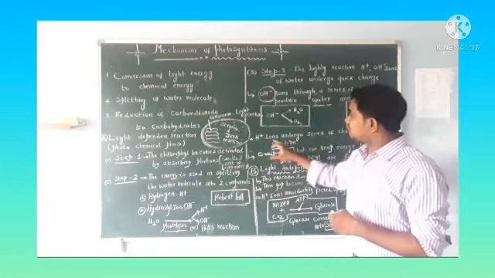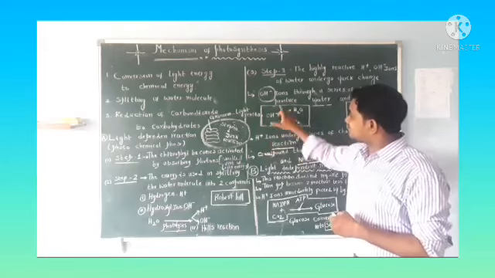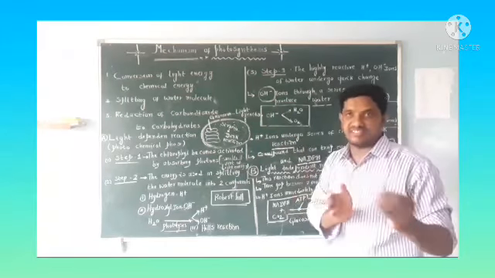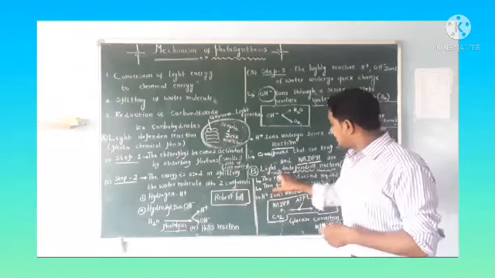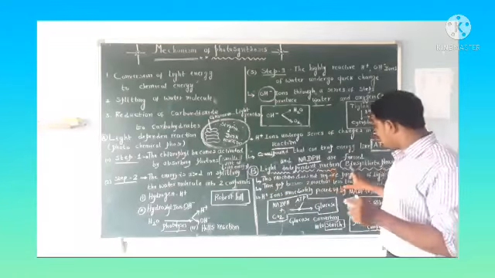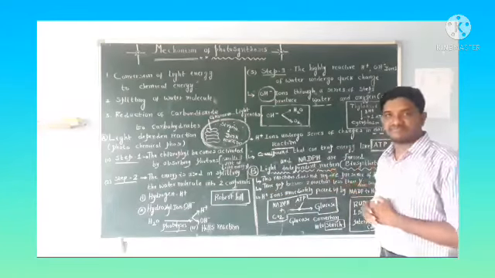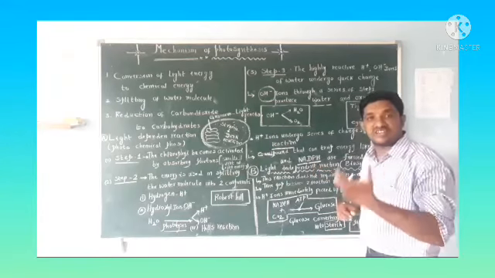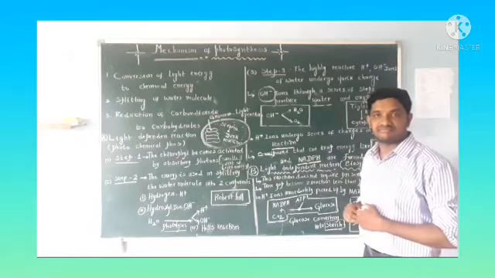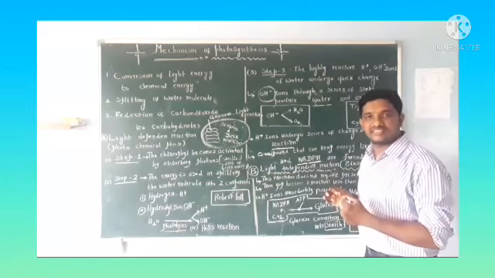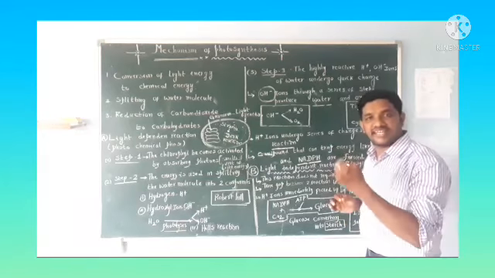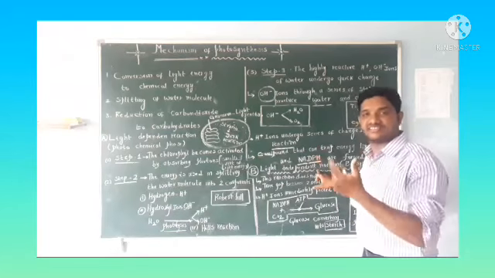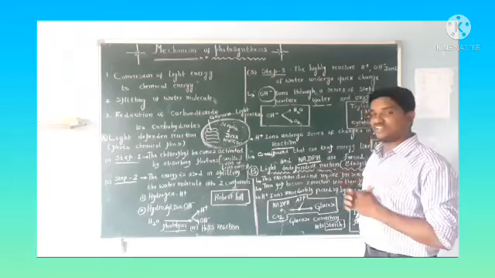The last 2 products go to the dark reaction, the next phase. That is the light independent reaction or biosynthetic phase. For all these chemical reactions, light is not required. This reaction does not depend on light, so it is called the light independent reaction or biosynthetic phase.